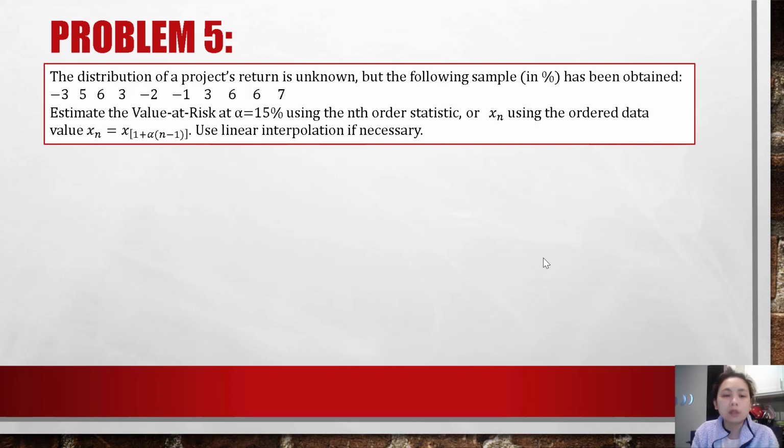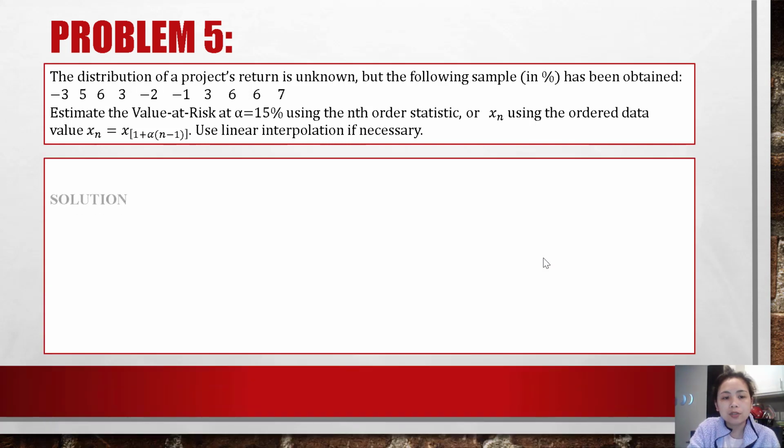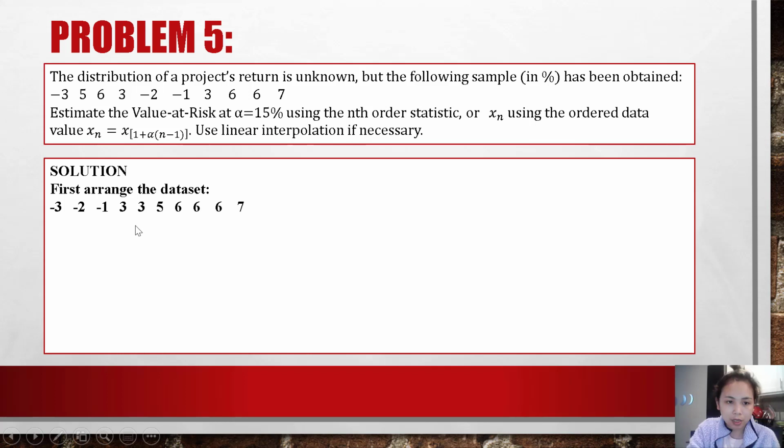Alright, so this problem is similar to one of the problems that we just worked on a couple of minutes ago. First we have to arrange the data set, right? And we have 10 numbers in total.